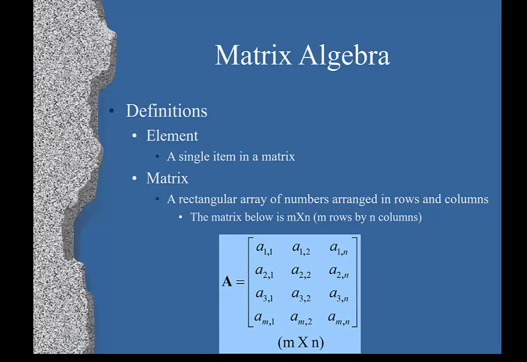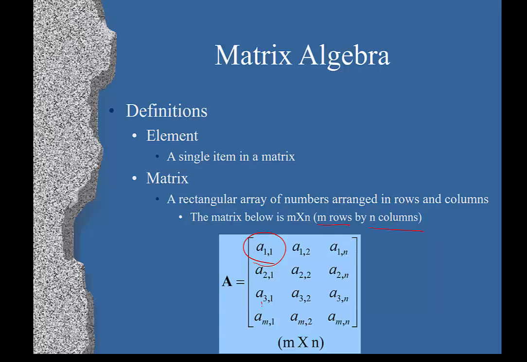I don't know if you've ever had matrix algebra before, but just in case you haven't, let me remind you a little bit about some of the terminology. First of all, you have an element, which is a single item in a matrix. So this is an element. And a matrix is a regular array of numbers arranged in rows and columns. The way we define this is m rows by n columns.